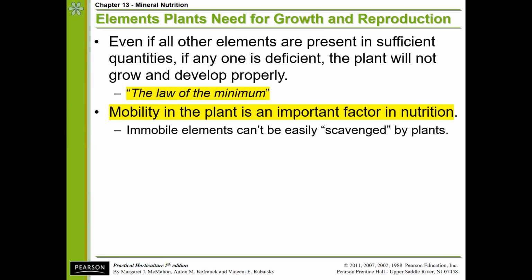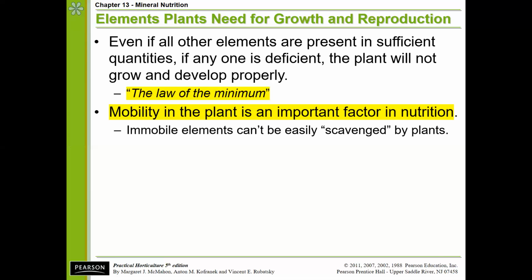We also have to look at the mobility, not just in the plant, but also in the soil, as an important factor in plant nutrition. In some cases, mobile elements can be moved within the plant. So, for instance, nitrogen, a very mobile nutrient, can be utilized from older leaves and moved to newer leaves in a plant.